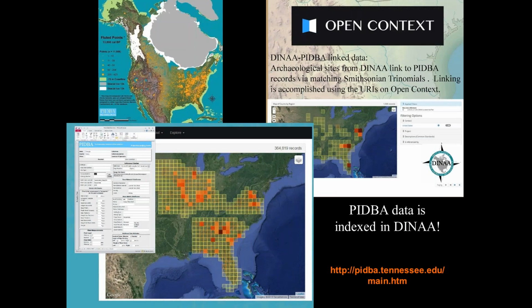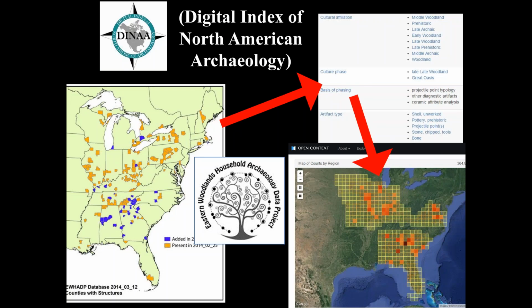Data in PIDBA, the Paleo-Indian Database of the Americas, a compilation of Pleistocene site and artifact data from across the continent. And information in the Eastern Woodlands Household Archaeology Data Project, a record of thousands of prehistoric structures built by First Peoples. These are just a few of the data types and repositories we are currently working with.